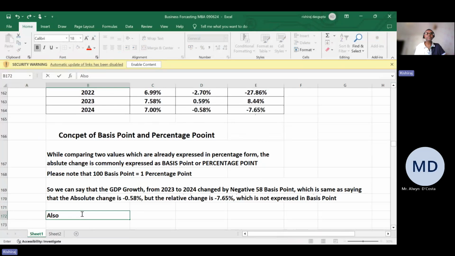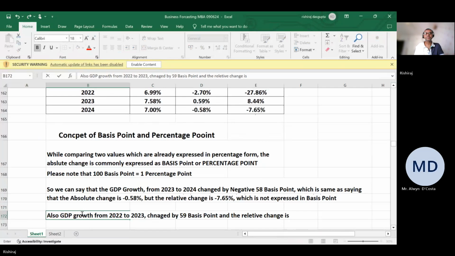Also we can say GDP growth from 2022 to 2023, one more example, changed by 59 basis points, and the relative change is plus 8.44%.